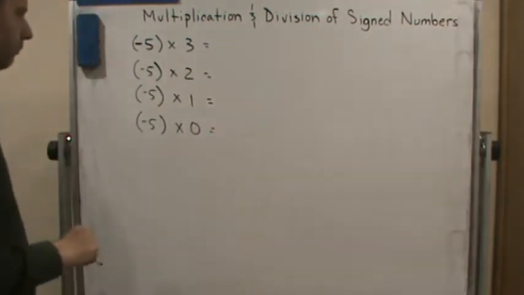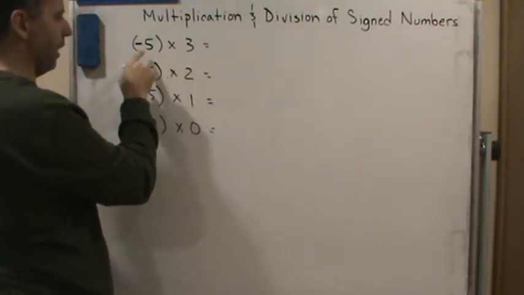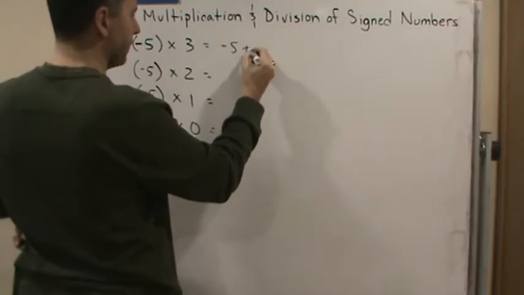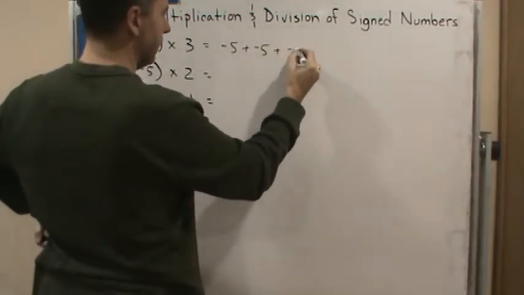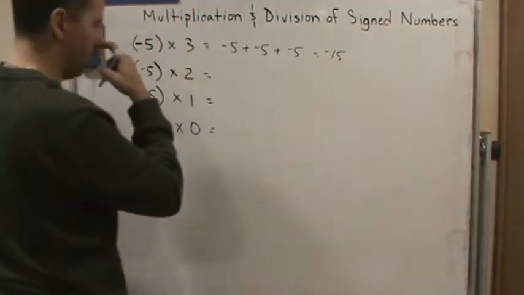Okay? So, again, I can say this is the same as 3 groups of negative 5, right? So that's going to give me negative 5 plus negative 5 plus negative 5, which is equal to negative 15. So we saw that already.